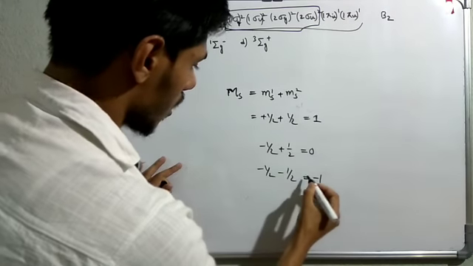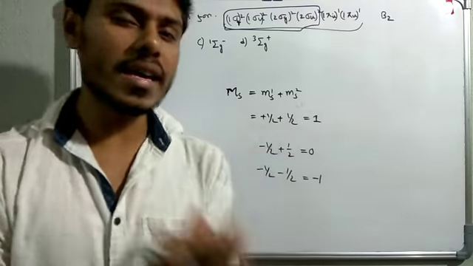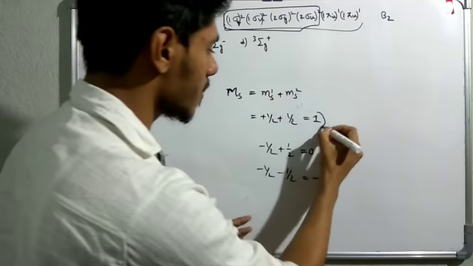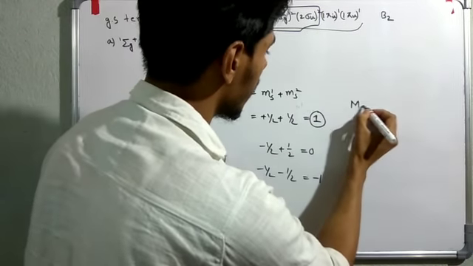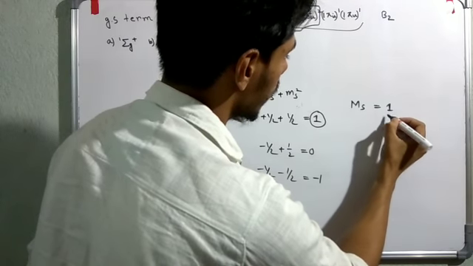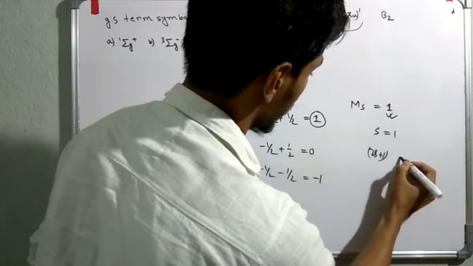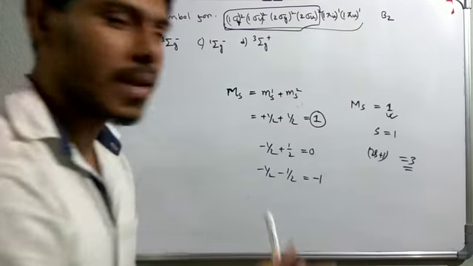But we already told that we have to take the highest value of Ms, and here the highest value is 1. So Ms is equal to 1, that means S is equal to 1. So 2S plus 1 is equal to 3. So it is a triplet state.